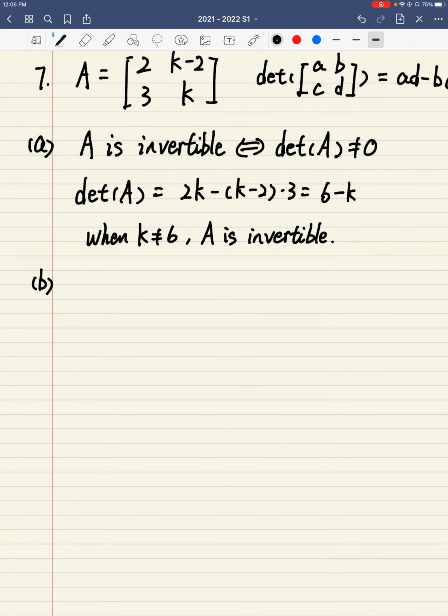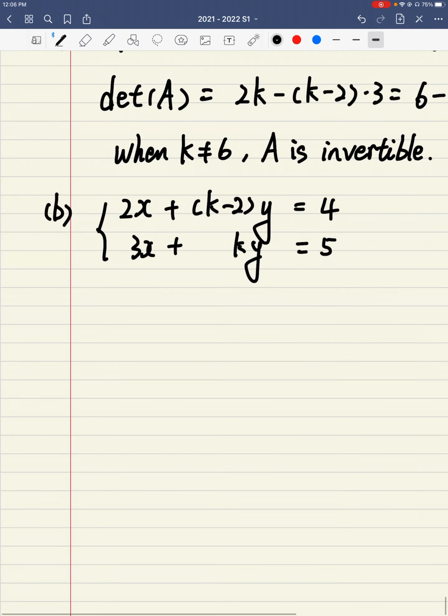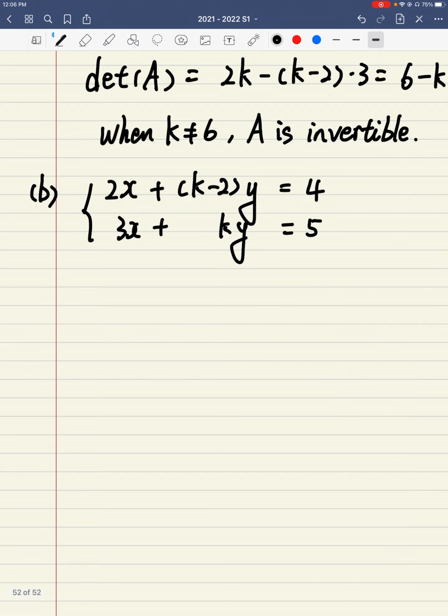Part B. Suppose A is invertible, find the solution of the simultaneous equations: 2x plus (k minus 2)y is equal to 4, and 3x plus ky is equal to 5. I think you already know how to solve this, but here we can use the matrix to help us simplify the calculation.